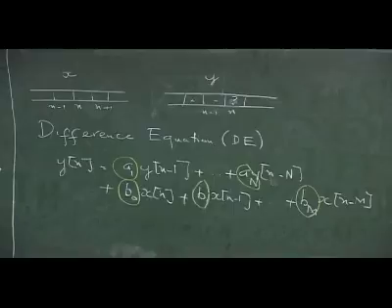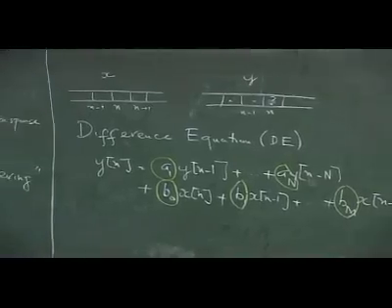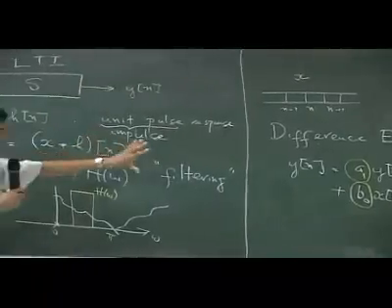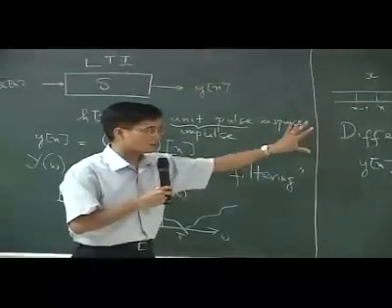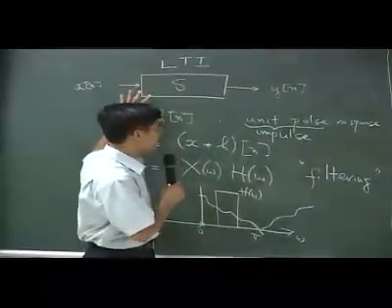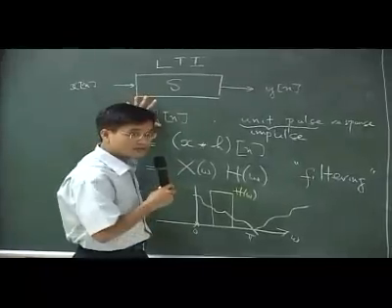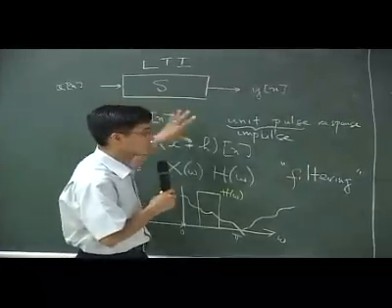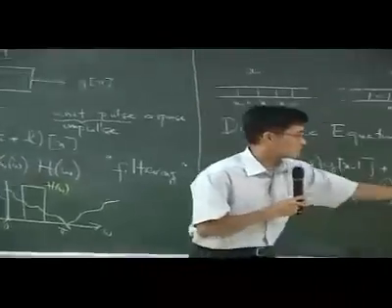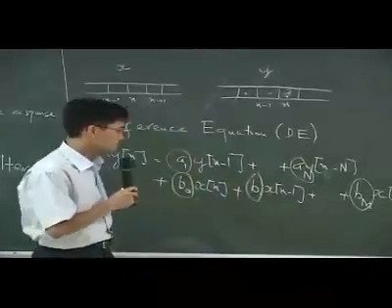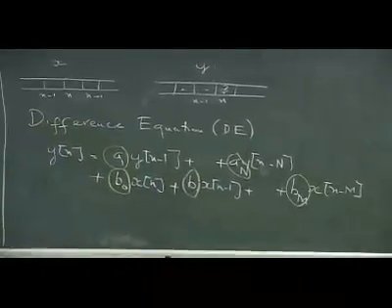And I leave it as an exercise: you can show that this is one class of LTI system. So designing an LTI system is designing those numbers. Okay. Is it still clear?